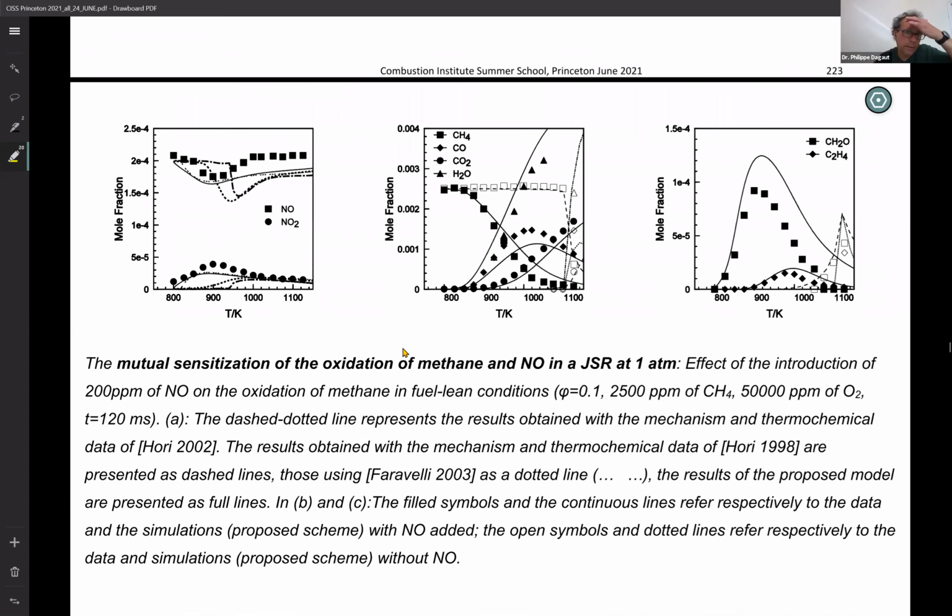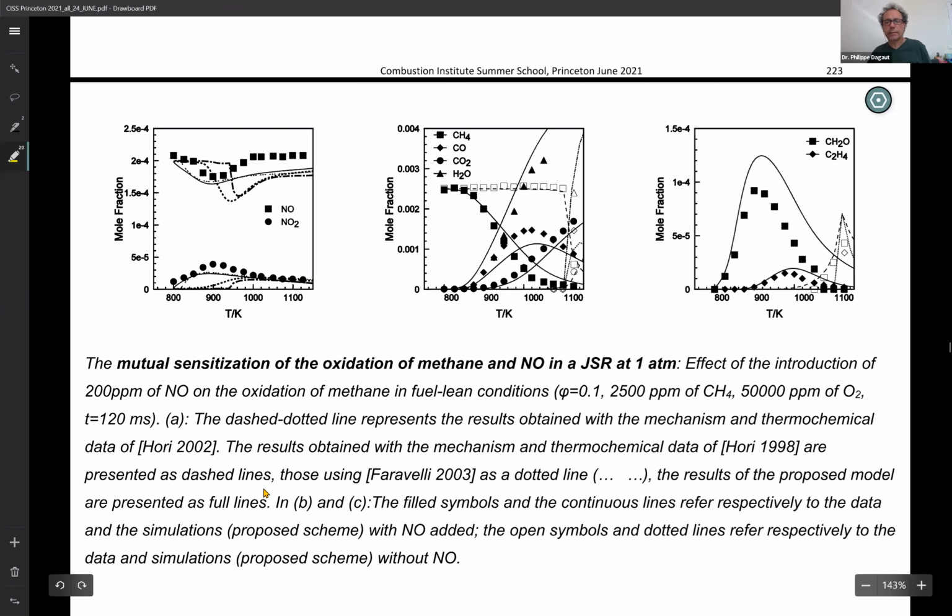So first of all, this is the consumption of NO, and in parallel you get the formation of NO2. And on this plot, we show the oxidation of methane to produce intermediately CO, but also CO2 and water, and the intermediate formation of ethylene here, and that of formaldehyde.